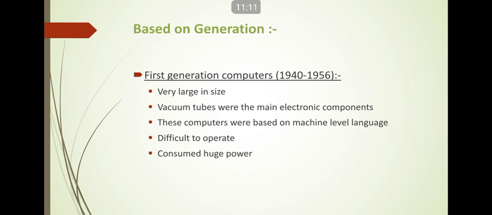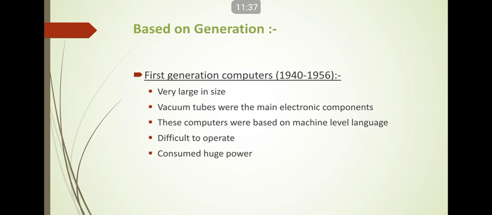Now the features of first generation computers are, these computers were very large in size, as vacuum tubes were the main electronic component. Vacuum tubes are already big in size, and they consume very large power.